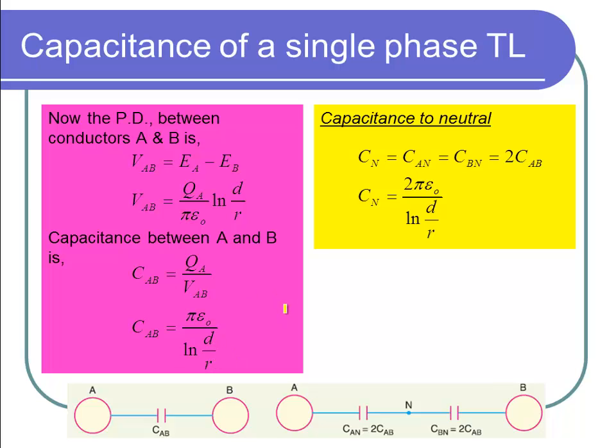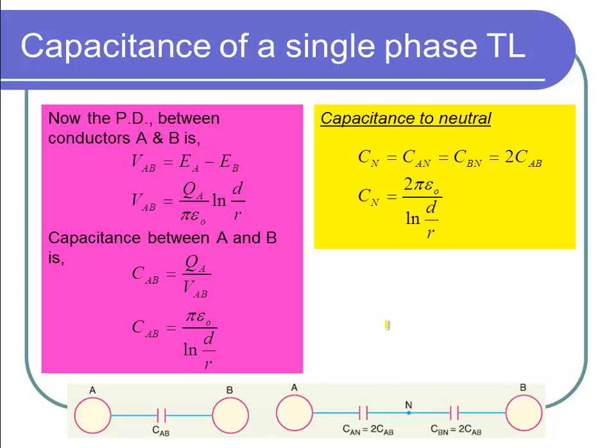In the same way, we can also calculate the capacitance to neutral, Cn. Between the two conductors there will be a neutral point, because one conductor is the phase conductor and the other is the neutral conductor.